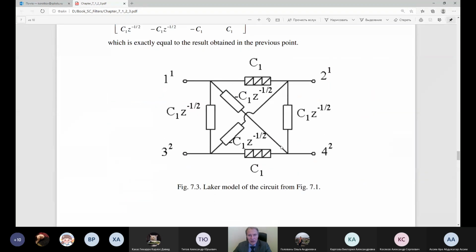Exactly this situation: this storistor is included between the upper plate of the first phase and the bottom plate of the second phase. It means that the sign is minus.